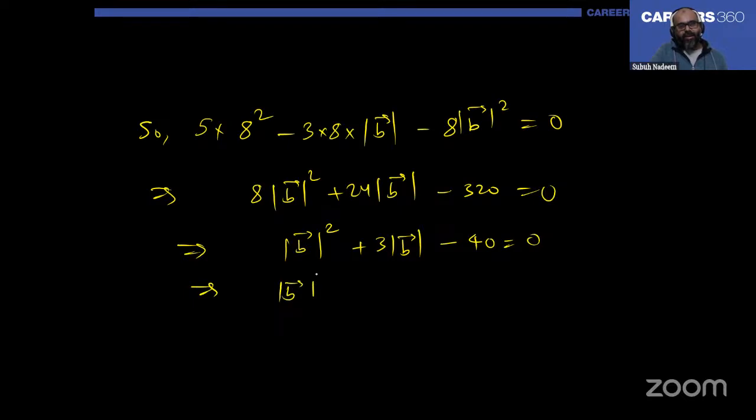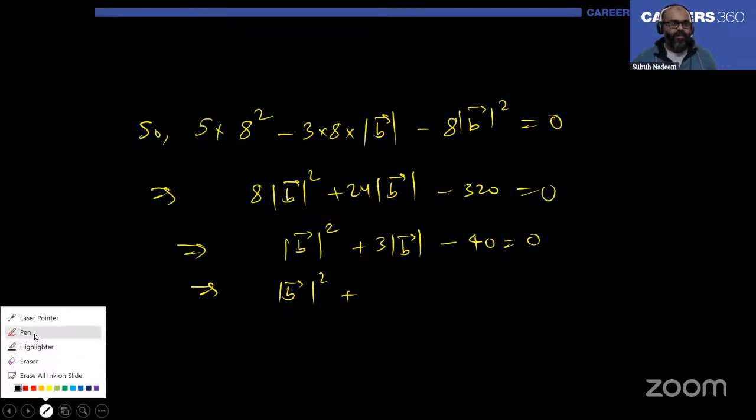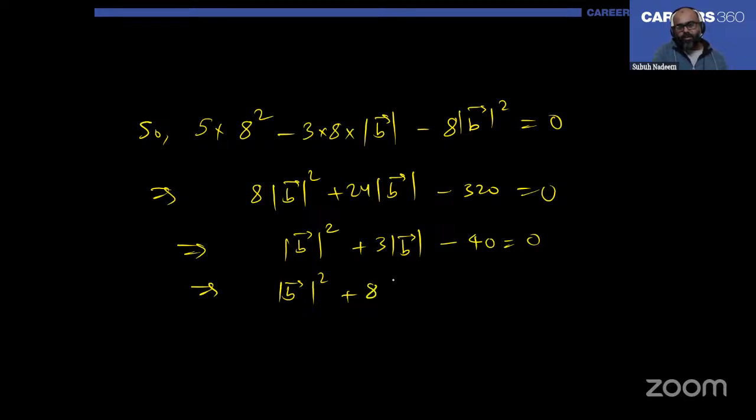Now we can write this 3 mod B as 8 mod B minus 5 mod B. So 8 mod B minus 5 mod B minus 40 equal to 0.